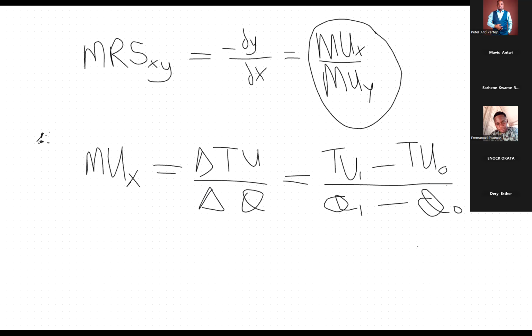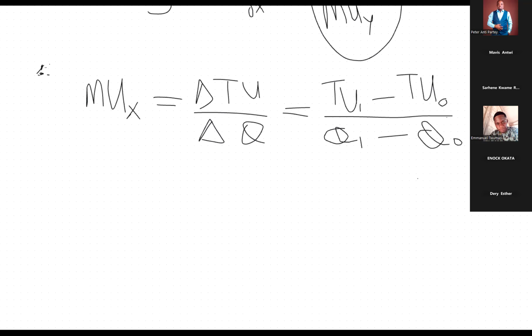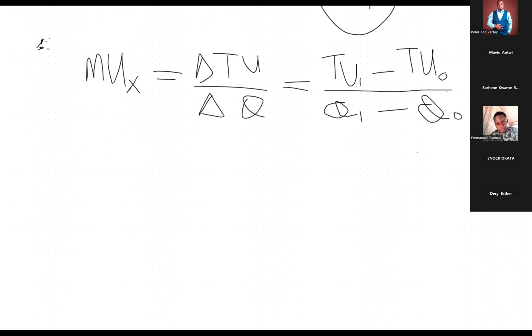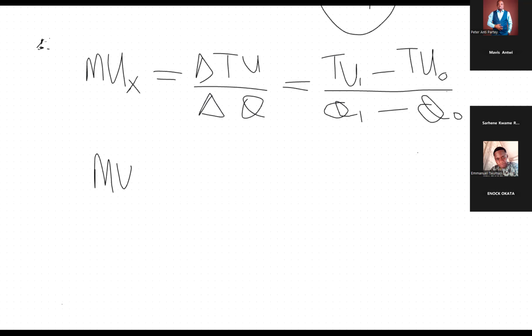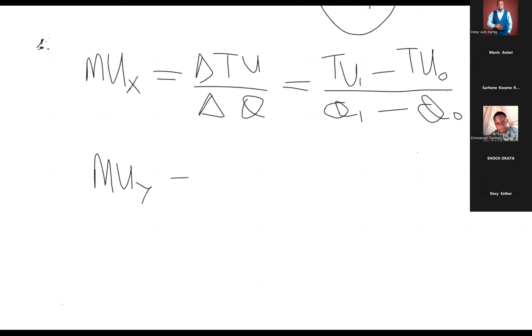Then you come and do mu of y. When I finish, I'll give you a numerical example. Mu of y is giving us change in TU over change in Q, the same thing.